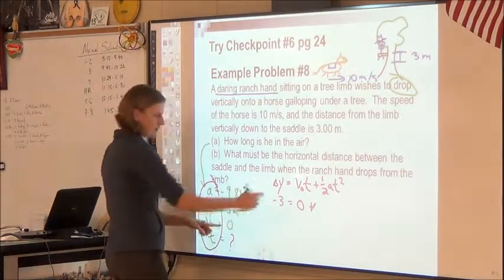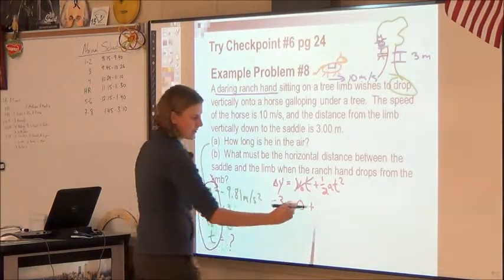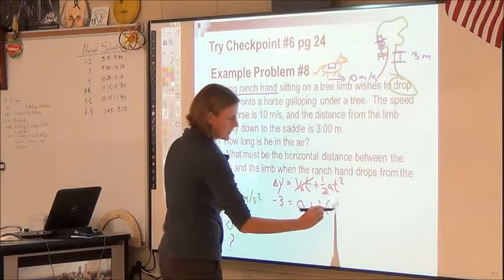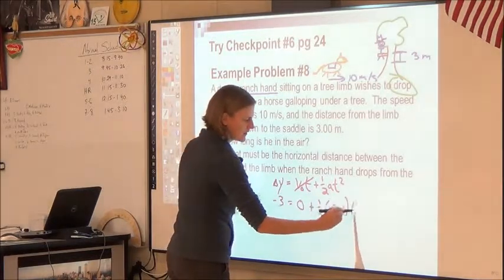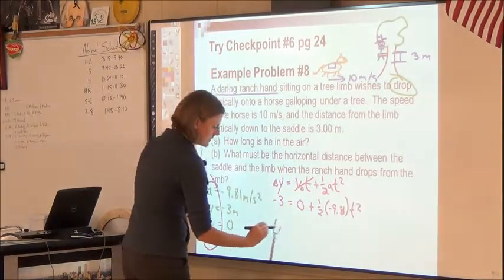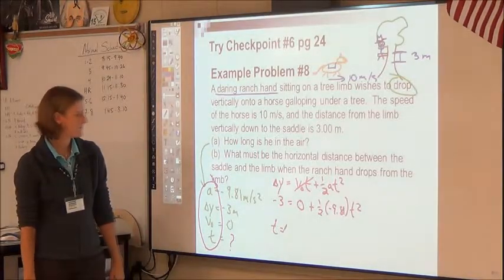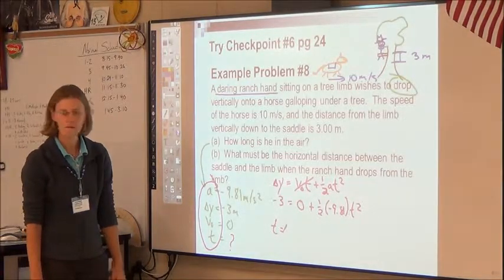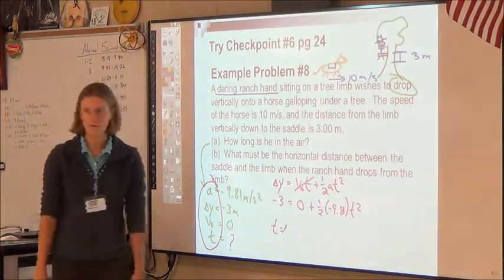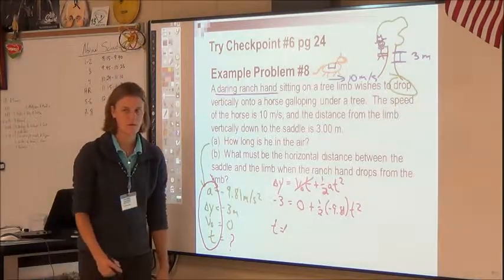V naught is 0, so that part just goes away. And I got to finish with a square root. Should be a fraction of a second. Quick fall. Yeah.